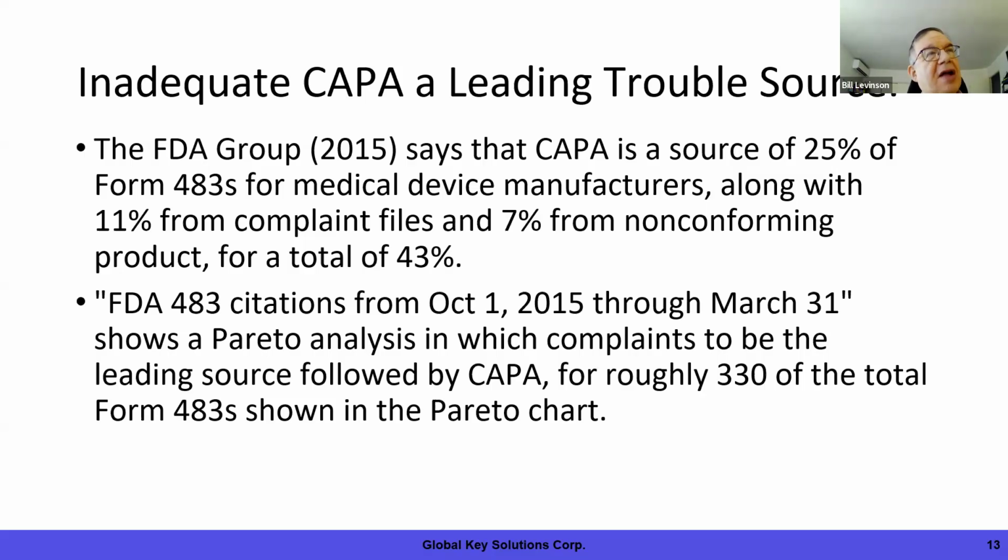So the FDA group says you got a total of 43% at least related to inadequate corrective and preventive actions, noting that if you have a complaint or non-conforming product, both of those should initiate corrective and preventive actions. There's another reference, shows a Pareto analysis in which complaints are found to be the leading trouble source, followed by CAPA, except again, if you have complaints, those should result in CAPA. Next slide.